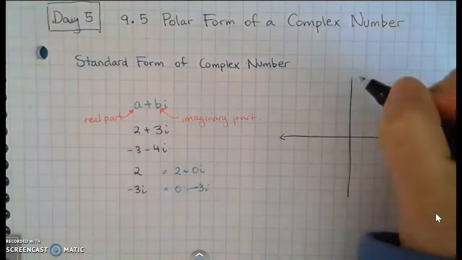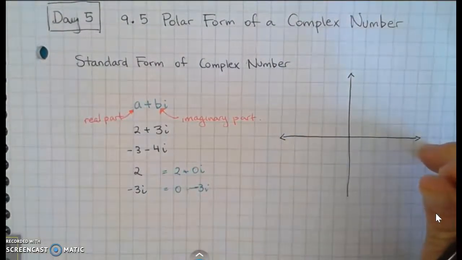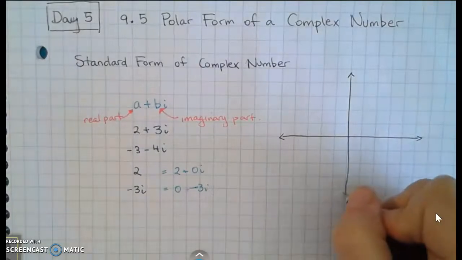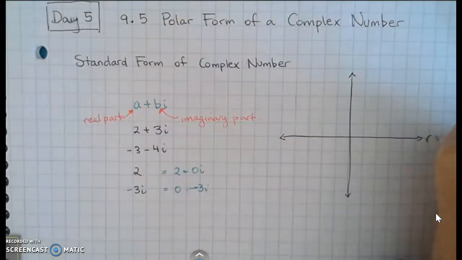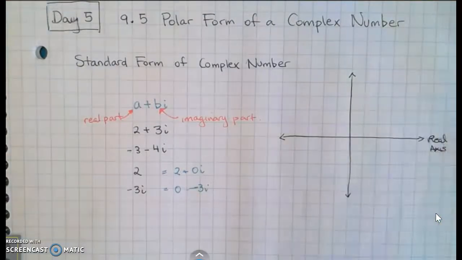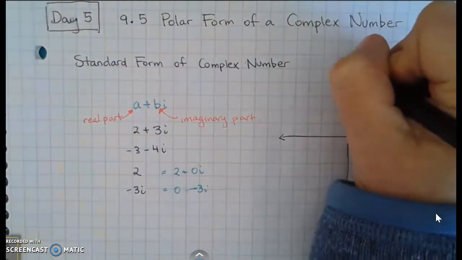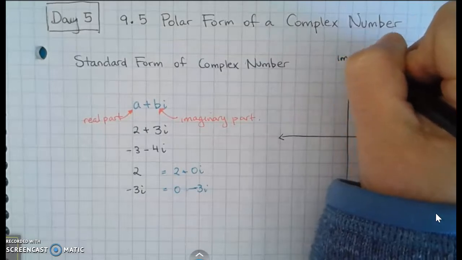What we can do is we can have two different axes. Instead of calling it the x-axis and y-axis, we're going to call the horizontal axis the real axis, and the vertical axis, we're going to call the imaginary axis.